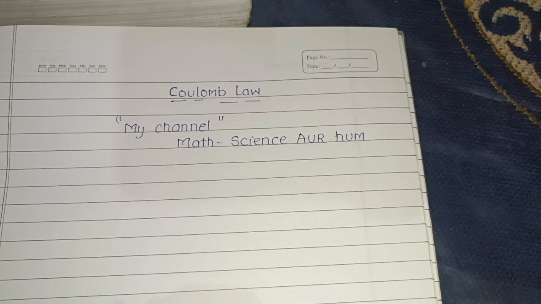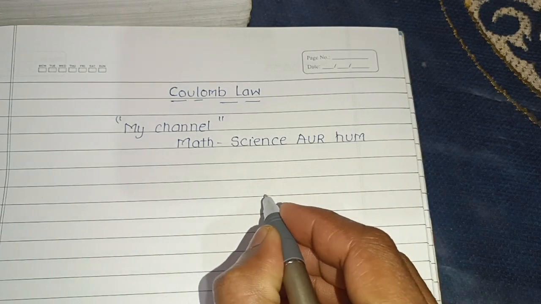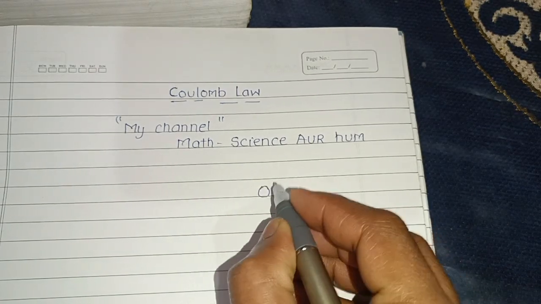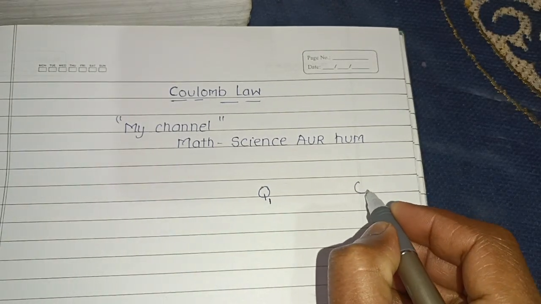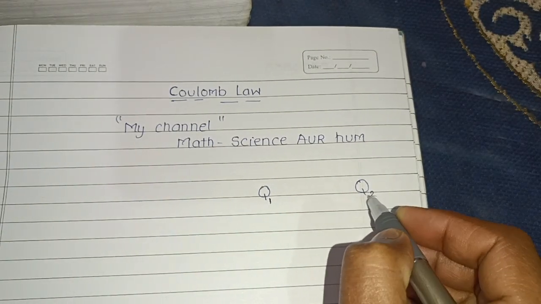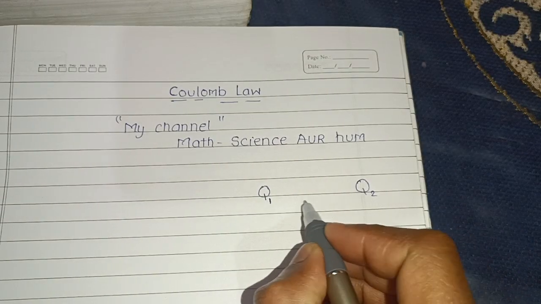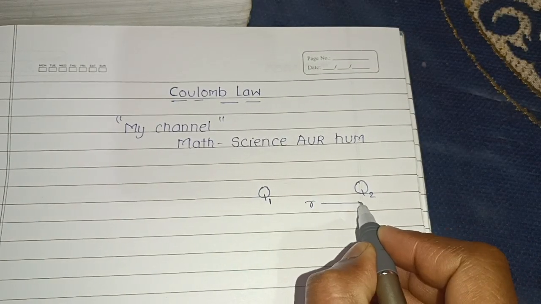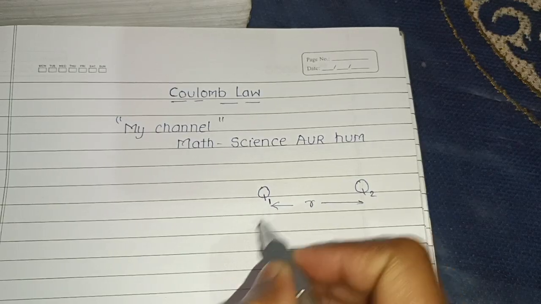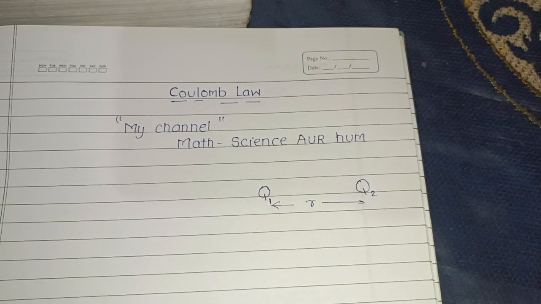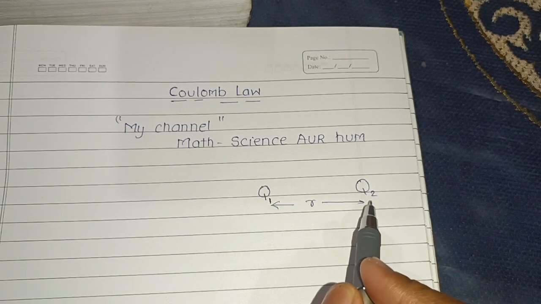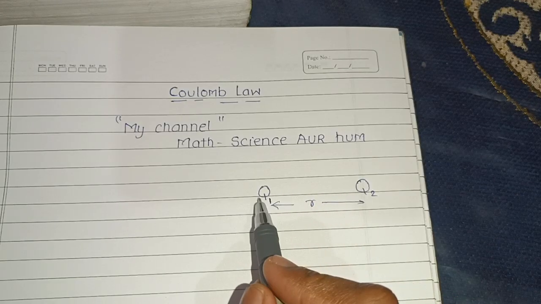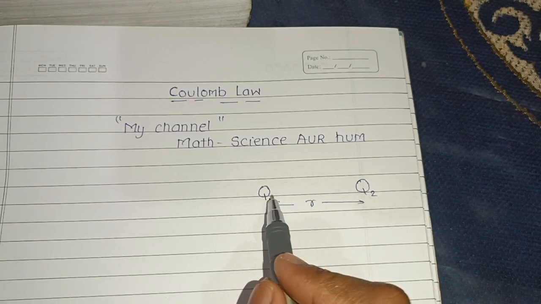Okay, we can say that there are two charges, that is Q1 and second charge is Q2, and the distance between Q1 and Q2 is R. According to Coulomb's law, there will be a force between these charges.